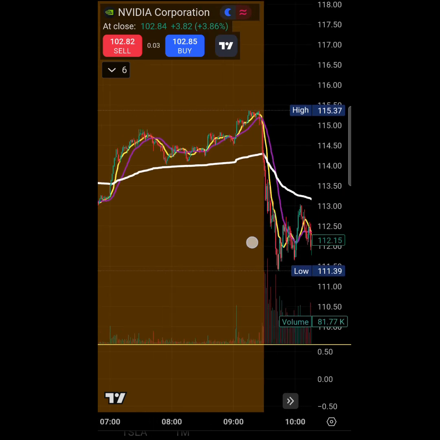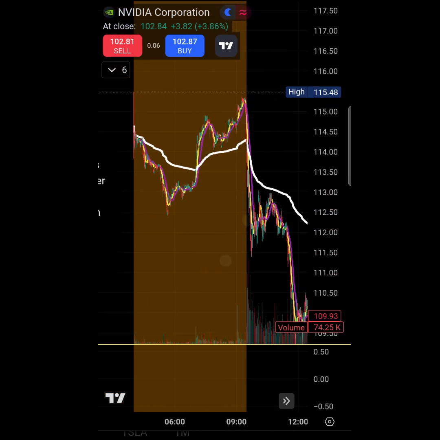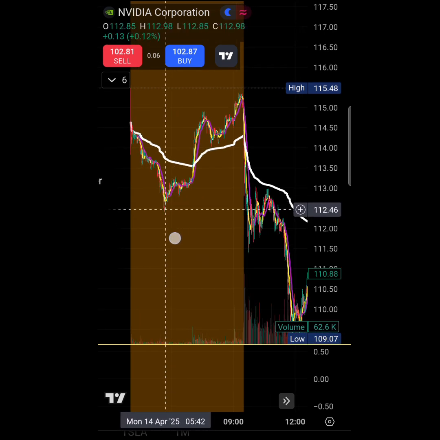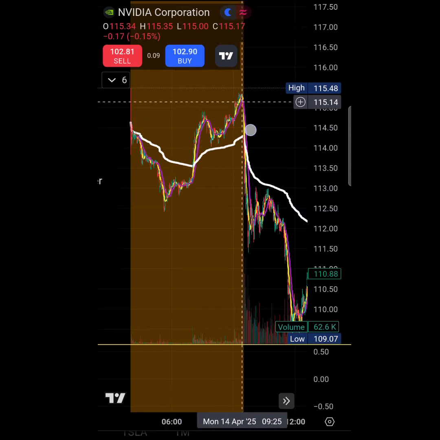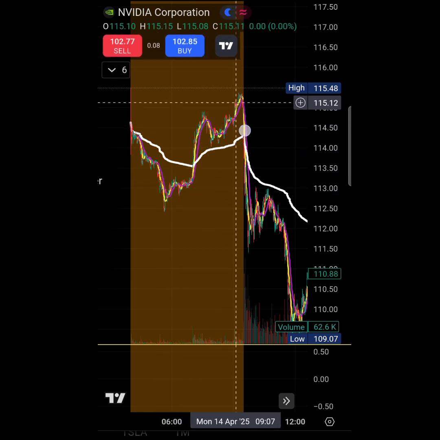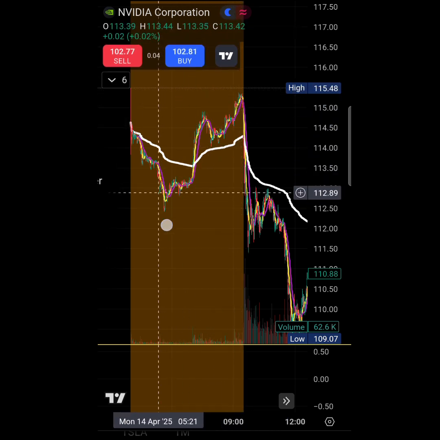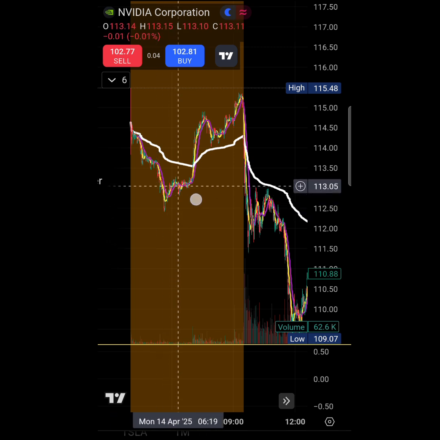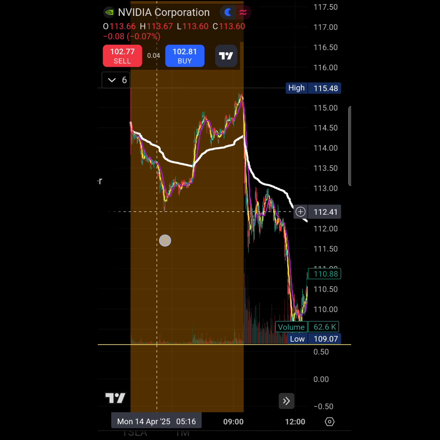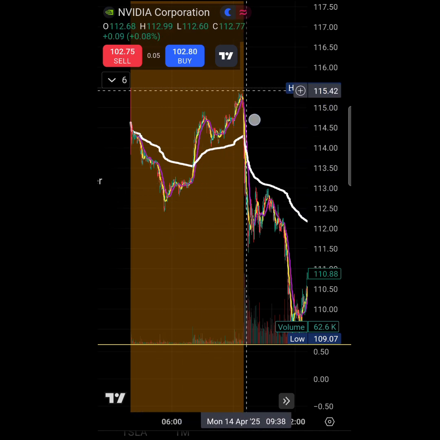So pre-market shows you, let's analyze it. Pre-market is showing you that it's in an uptrend. We're moving above VWAP. And as something goes up, as you can see, it's gone from 112 up to 115. So that is the measured move for NVIDIA.